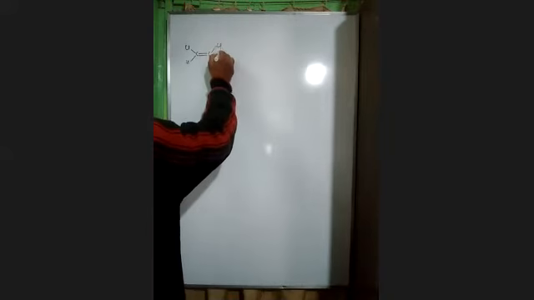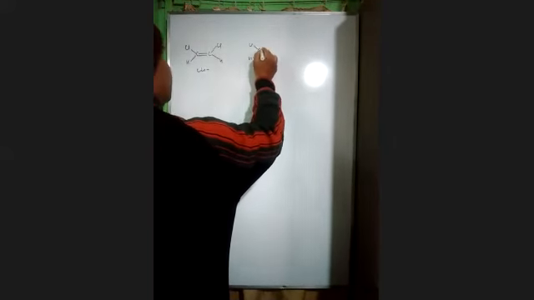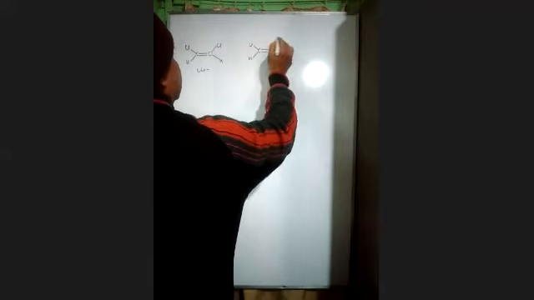See here. Suppose I have taken this. This is a very simple one. Earlier we used to call it cis. Now, according to the CIP rule, what should we do? We should see their atomic number.